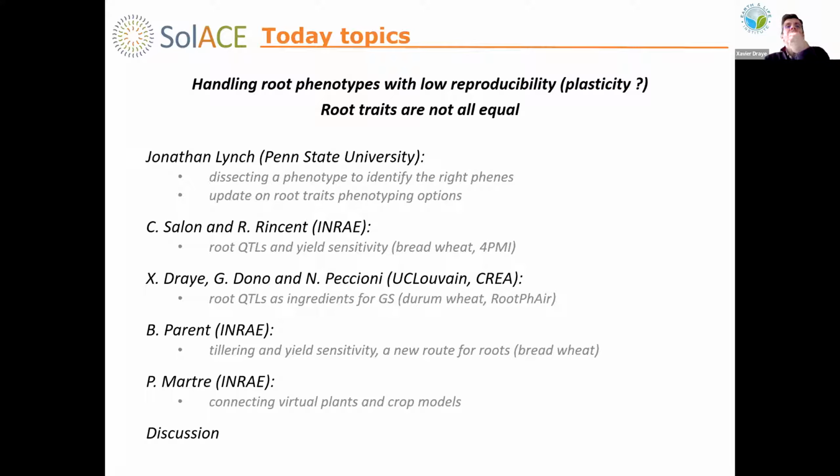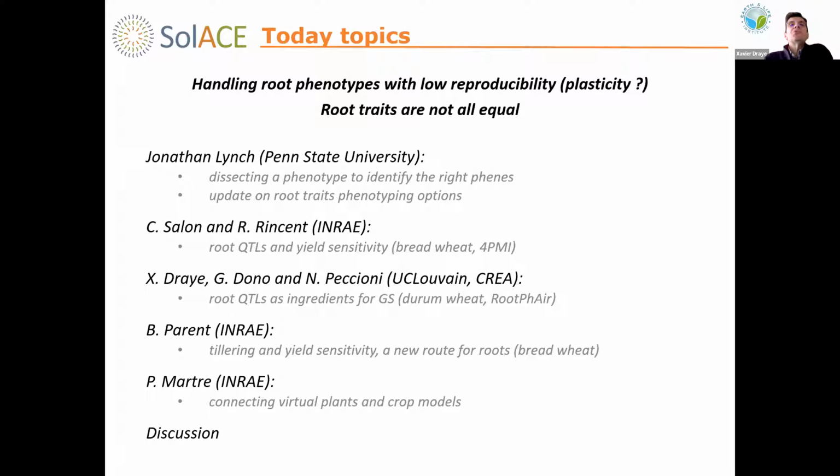Is it a matter of noise? Is it a matter of plasticity? Can we control that? Another question that came out to be really crucial is that root traits are not all equal. Every one of those platforms, every experiment that we can see in the literature, uses a set of root traits that come from various motivations.